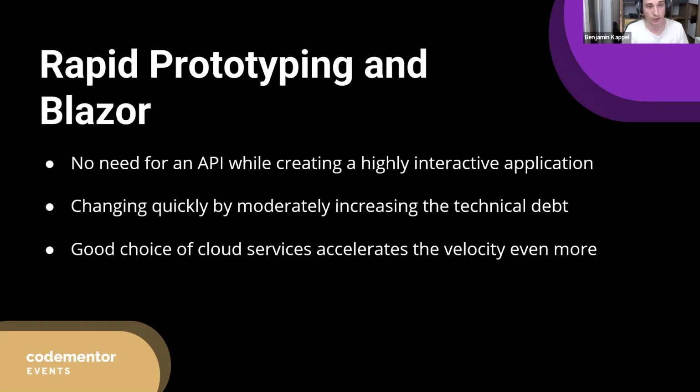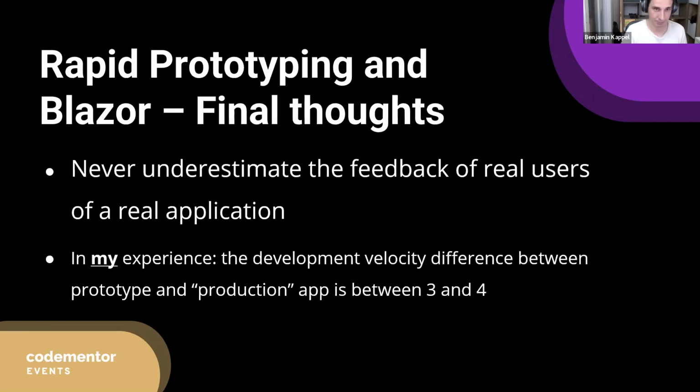And if we also take the next step and choose cloud services which are not optimized for production, but optimized for quick moving, we have a very high velocity in these types of projects. To sum up this case study, and I talk from a lot of experience, it happened to me in the last project too: never underestimate the feedback of real users of a real application.